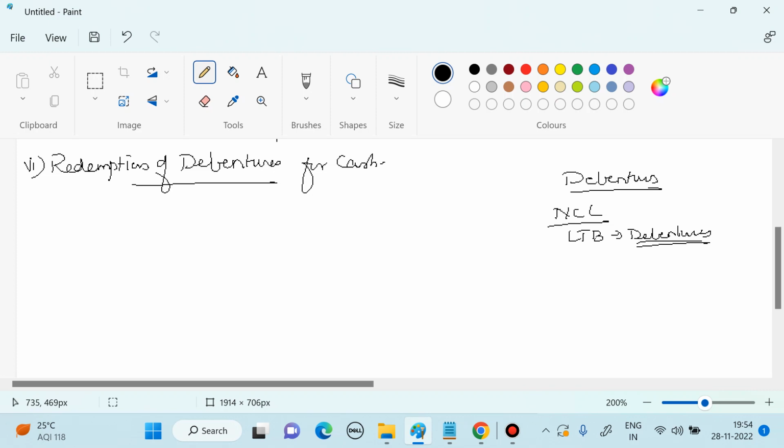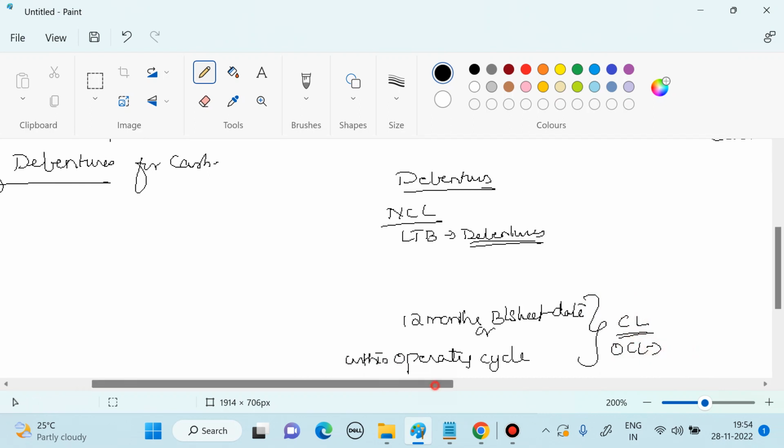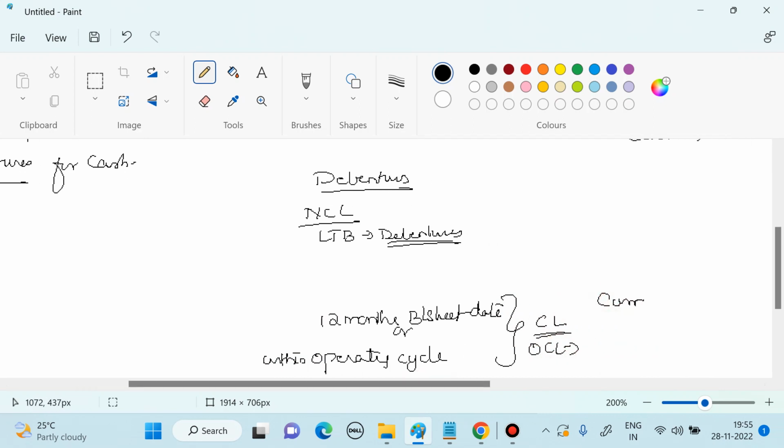Whenever that is a liability which is going to get paid within 12 months from the balance sheet date or within the operating cycle, then we reclassify it under current liability, other current liability, as current maturities of long-term debt.